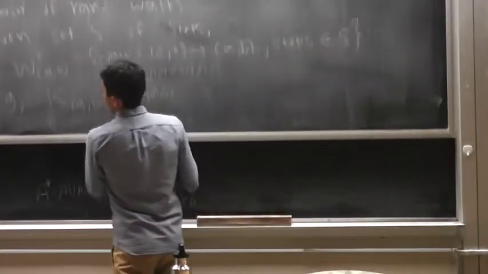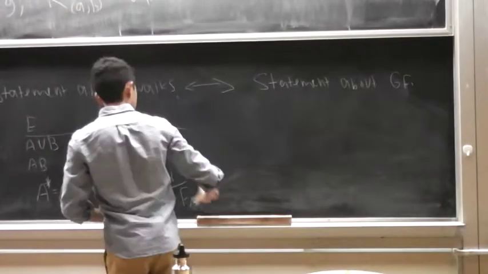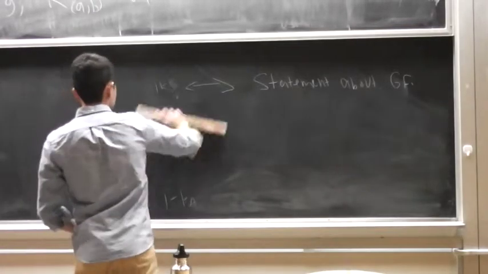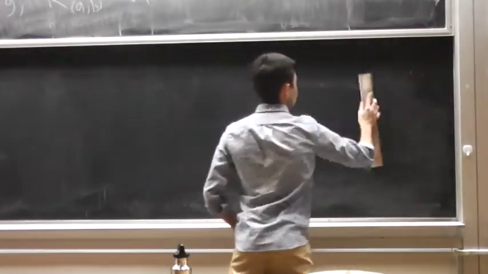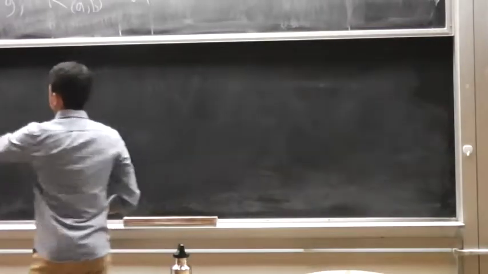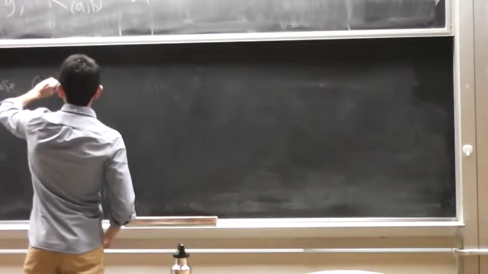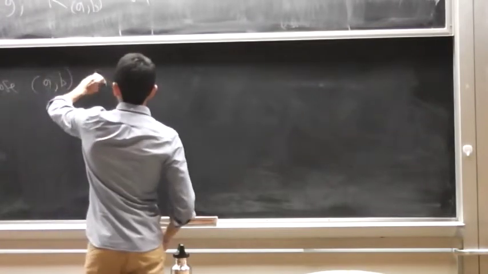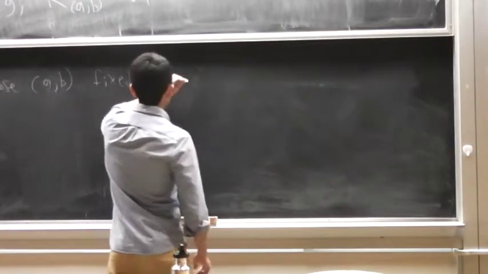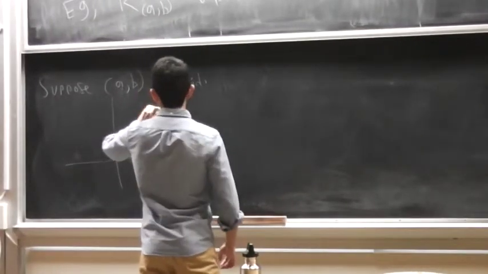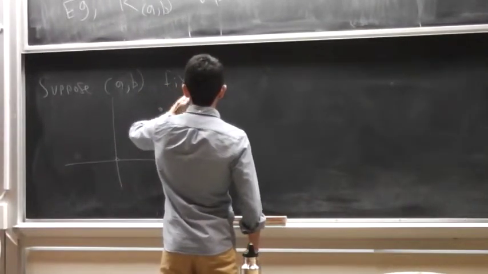This is where we can start using people. Okay? So, suppose A and B are fixed. So we're walking to a specific point. Okay.